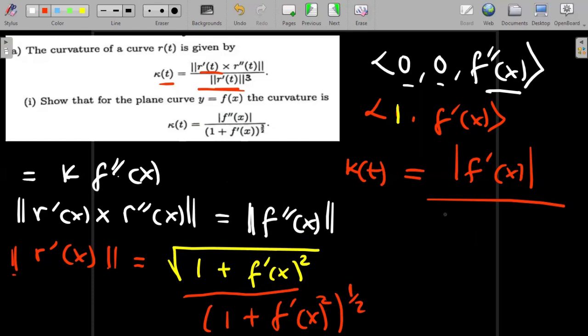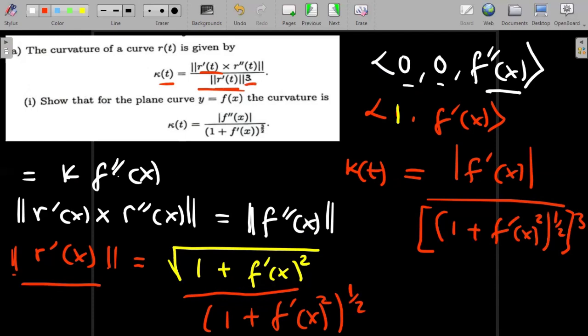We'll get 1 plus f prime of x squared, then to the power 1 over 2, then outside, to the power 3, as you can see there. We've just rewritten what's inside and raised it to power 3.